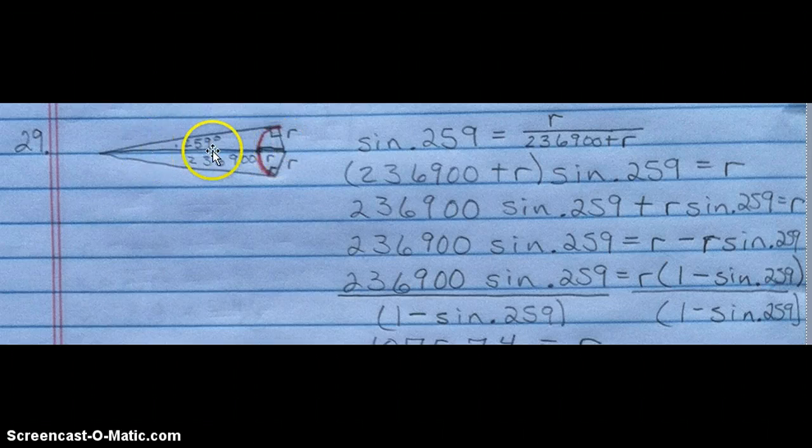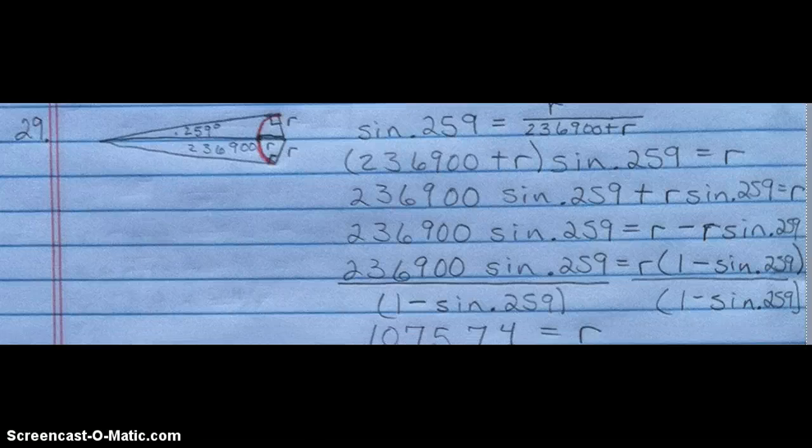The hypotenuse then will be 236,900 plus the radius. So the sine of 0.259, our angle, is the opposite r over the hypotenuse, 236,900 plus r. We multiply both sides by 236,900 plus r. Use the distributive property. We get 236,900 sine 0.259 plus r sine 0.259.